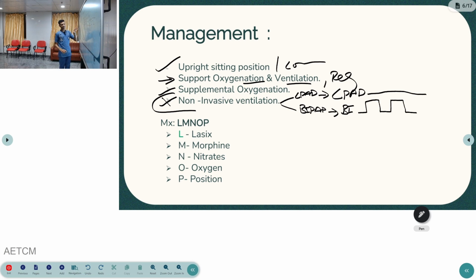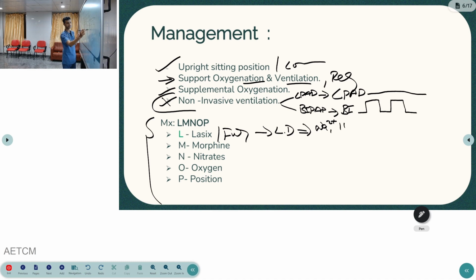And then the main core management in pulmonary edema, there we have one mnemonic, LMNOP. L means Lasix, otherwise we can call it furosemide. Furosemide is a loop diuretic. What does Lasix do? It will excrete sodium and water, so it acts as a diuretic.